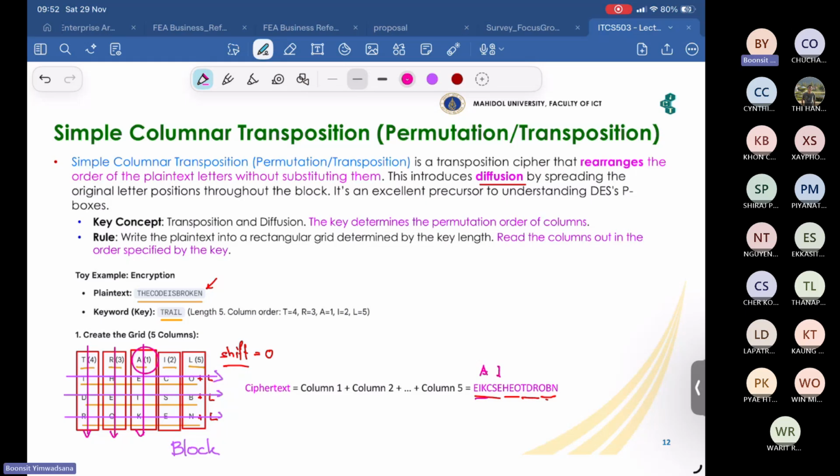And then we send the L column. Is it? No, the R column. And then we send the T column. And then we send the L column. So we can actually rearrange the order of the columns that we want to send as well. So you can see that there are several techniques that we can use to encrypt a message.